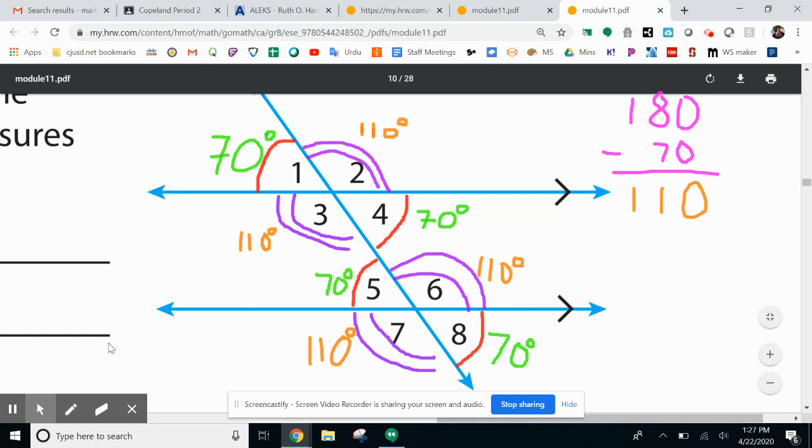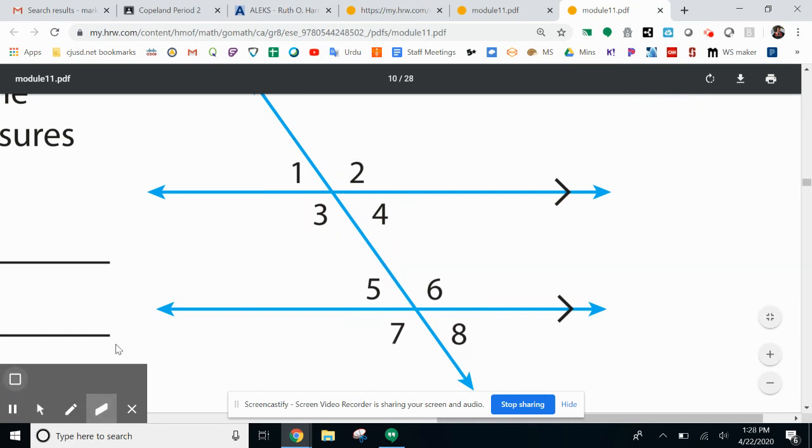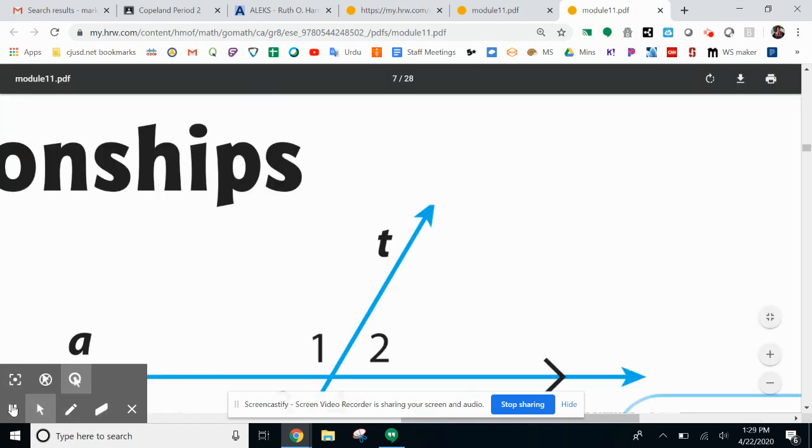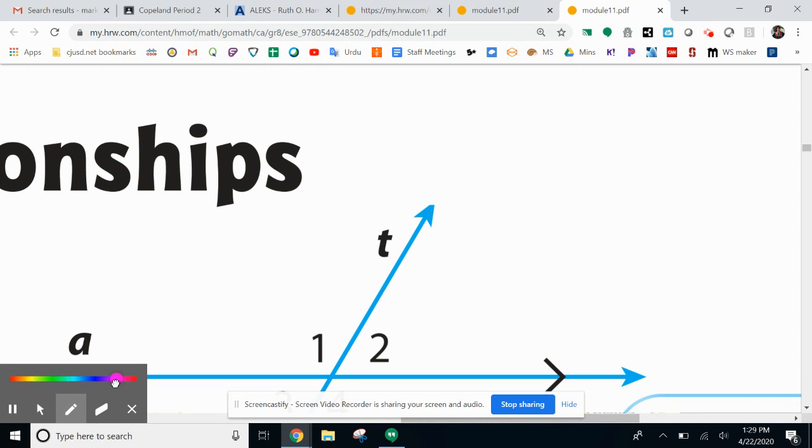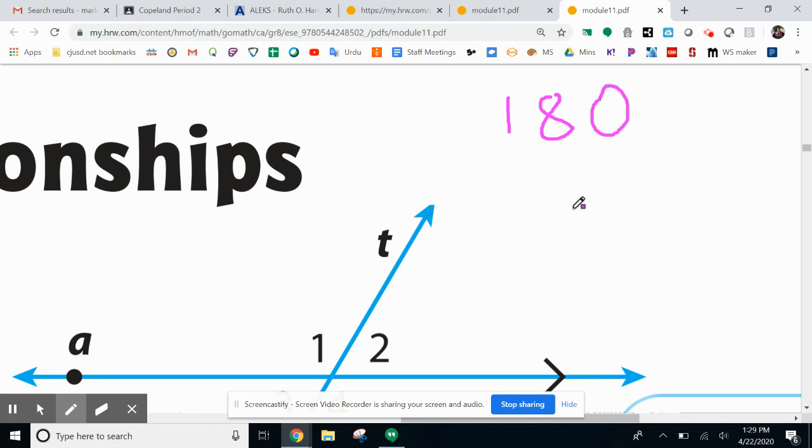So why did I use 180? I used 180 because 180 is the number for supplementary angles. 180 degrees is for supplementary angles.